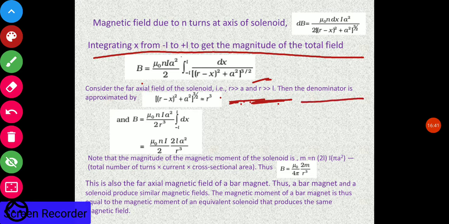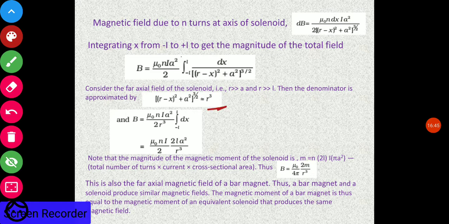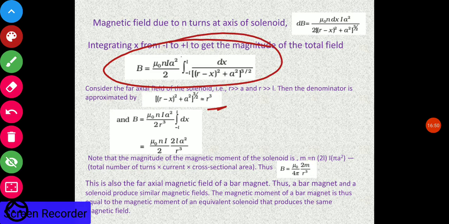Then the denominator can be reduced to R³. So in this expression, in place of the denominator, we can write R³, and since we are integrating with respect to x, R³ is a constant, so it comes out of the integral sign, and the expression reduces to this.